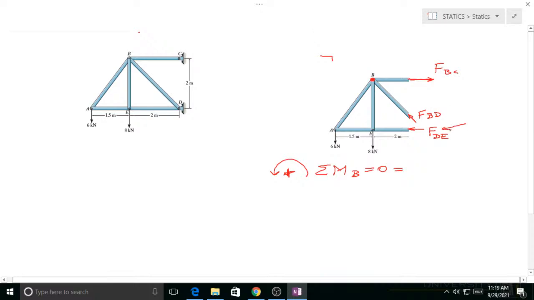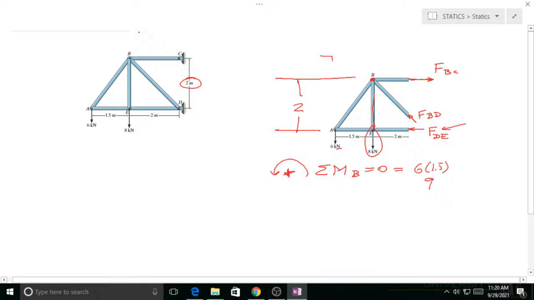That's great because that means one equation can pop out one answer. This doesn't produce a moment about B because it's going straight through there. So all I get is 6, and I'll just leave it as kilonewtons, times 1.5. So half of 6, that gives me 9 total. Half of 6 is 3, and then add it back. And then I got to determine, now see, I lost that in the translation over here. This distance is 2.